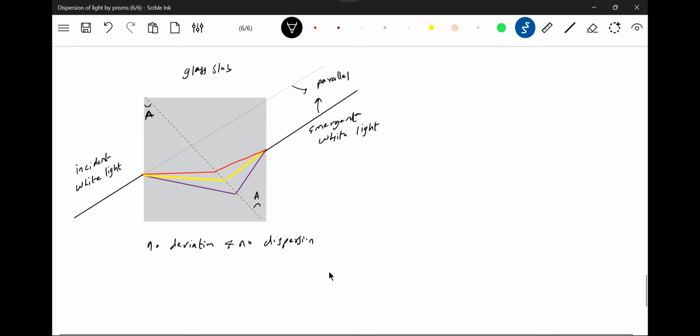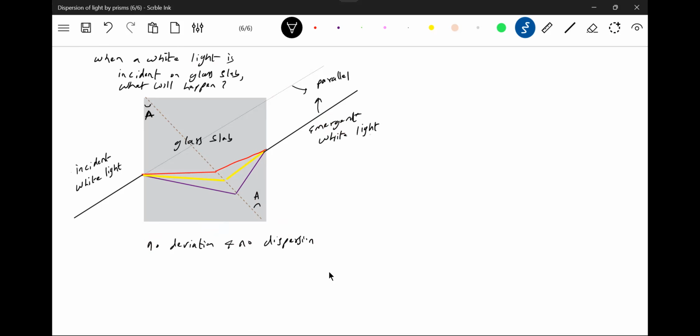So what is our question like? When a white light is incident on glass slab, what will happen? No dispersion, no deviation. What is the answer?